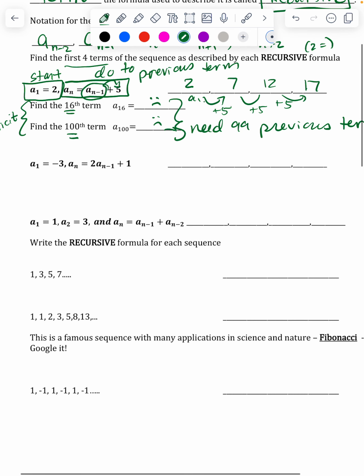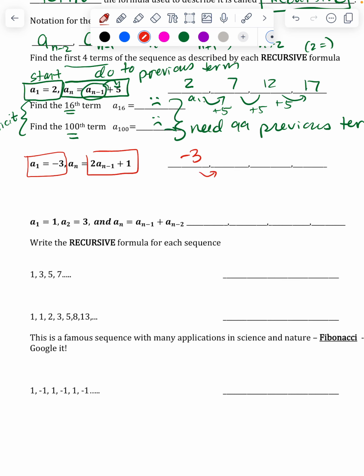So same thing here. This is saying the first term is a -3. You should do this to it. So to get to the next term, I take 2 times the previous term and add 1. So that's going to put me at -5. Then to move to the next step, I take 2 times the previous term and add 1. So -9.